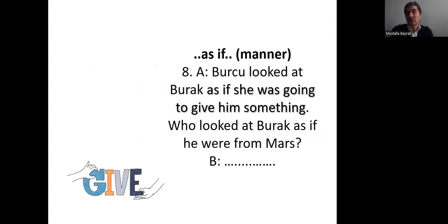As if clause, to express manner. Burcu looked at Burak as if she was going to give him something. Who looked at Burak as if he were from Mars? Yes, this is just a reminder. This is an imaginary situation, we will study it in the advanced level.